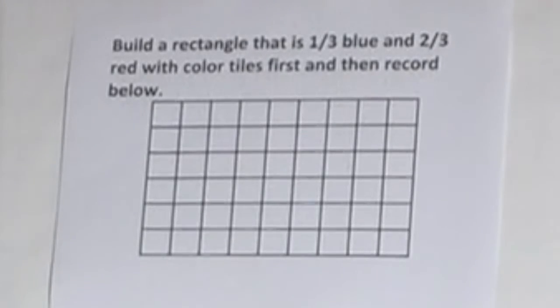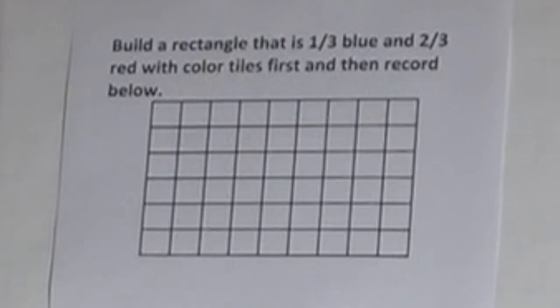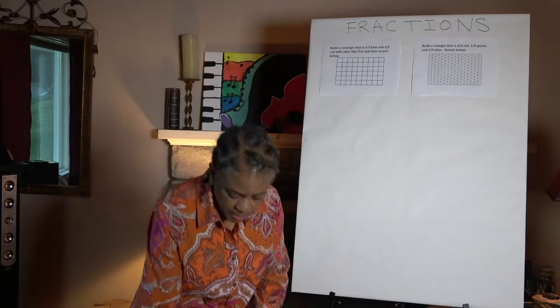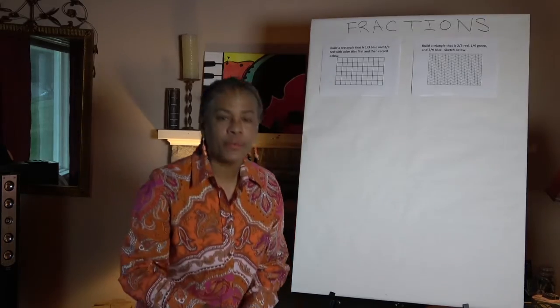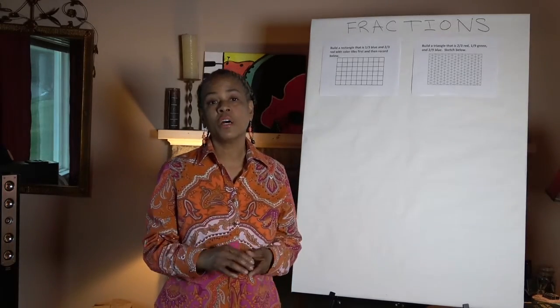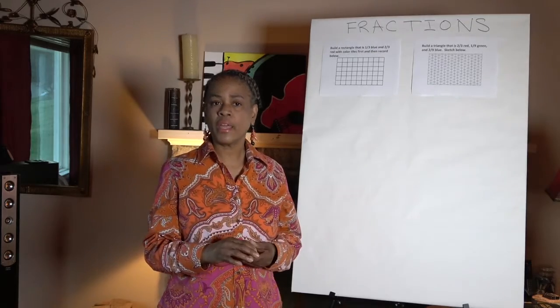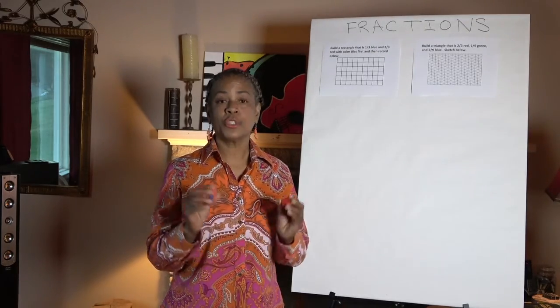So the first example that I give is build a rectangle that is 1/3 blue and 2/3 red with color tiles. I would give students a whole set of color tiles to play with first and then to use.